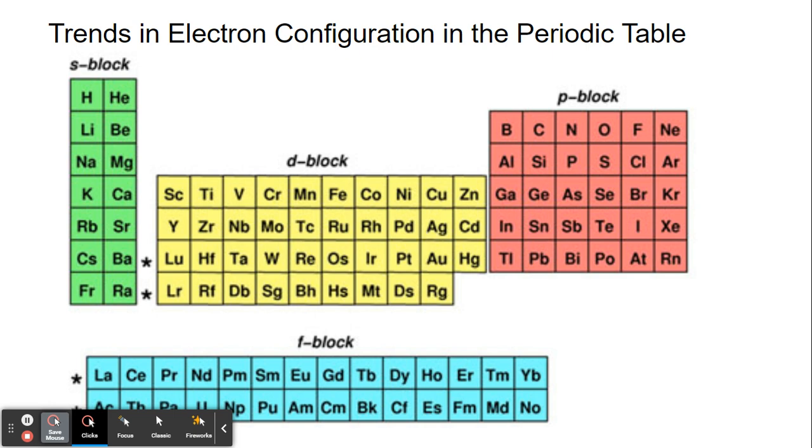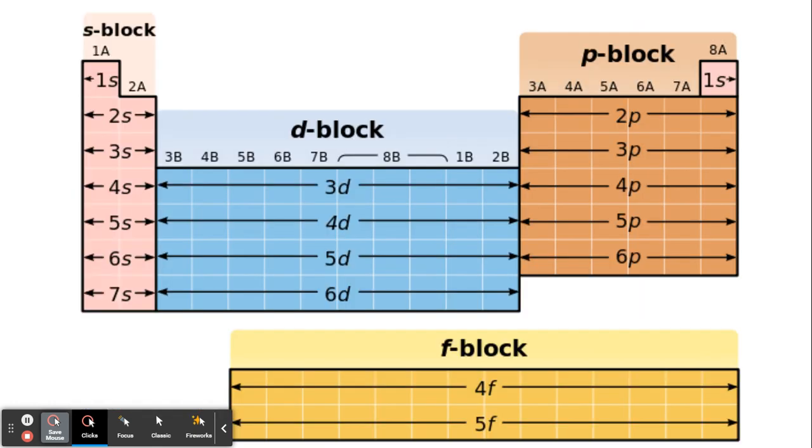In the middle, you have the D block and the F block. And this periodic table shows you the same thing, but it's got the numbers included and a little bit of a difference with hydrogen. So remembering these trends will help you complete those orbital diagrams as well as the electron configurations.